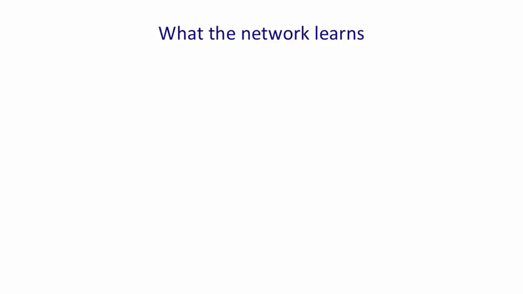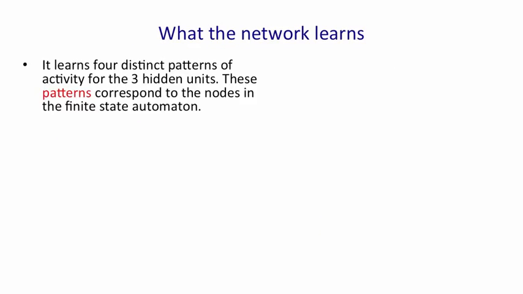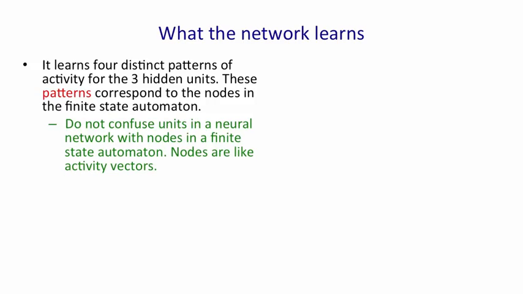It's interesting to look at what the recurrent neural network learns. It learns 4 distinct patterns of activity in its 3 hidden units. And these patterns correspond to the nodes in the finite state automaton for binary addition. We must not confuse the units in a neural network with the nodes in a finite state automaton.